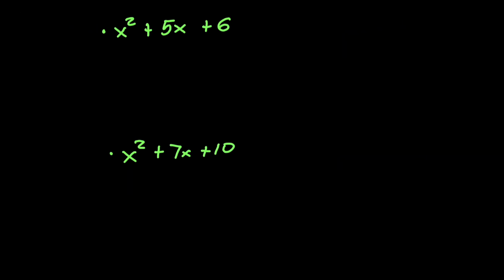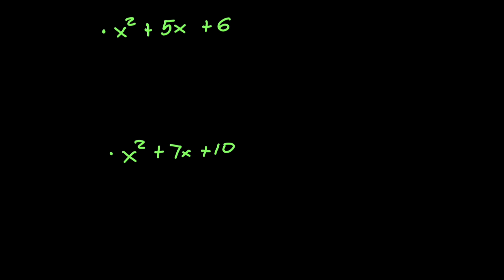Let us start with trinomials, wherein a here is just simply 1, and it is not a perfect square trinomial, because 6 here is not a perfect square, and also 10 is not a perfect square.